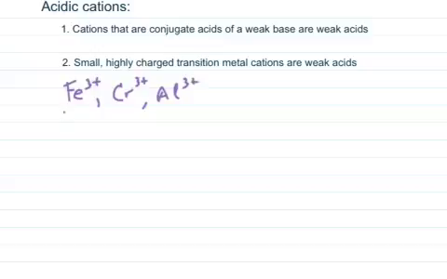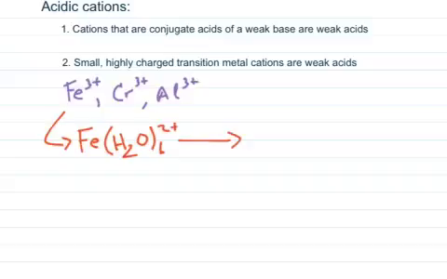Now, how we normally see the iron and why it is a weak acid is we see iron mixed in with 6 waters with a 2 plus, and it actually forms the conjugate iron with 5 waters and 1 hydroxide.